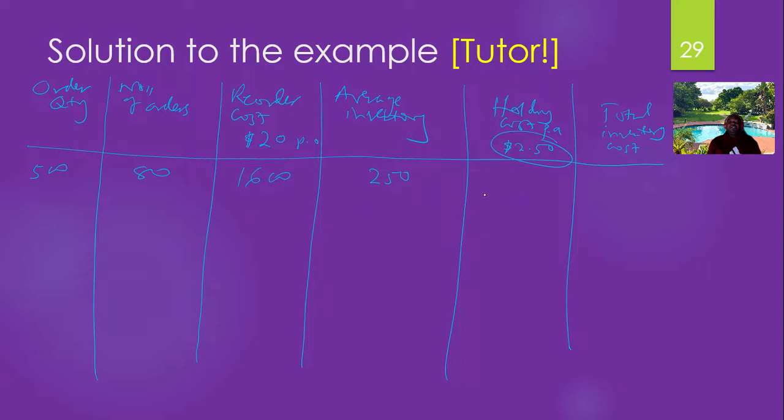That's 250 multiplied by $2.50 there. So let us try to use our calculators to see if we can make some sense out of it.